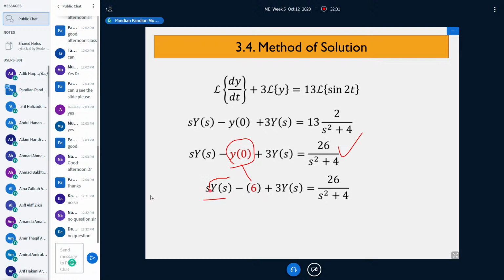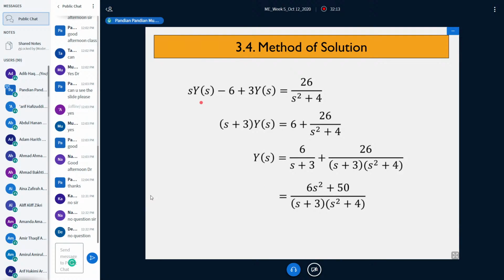Now this Y(s), you have to factorize. You take out Y(s). This becomes (s plus 3)Y(s). So you just have to simplify.